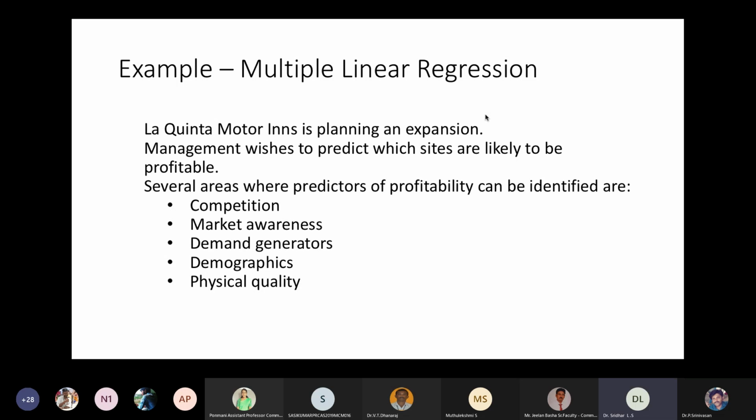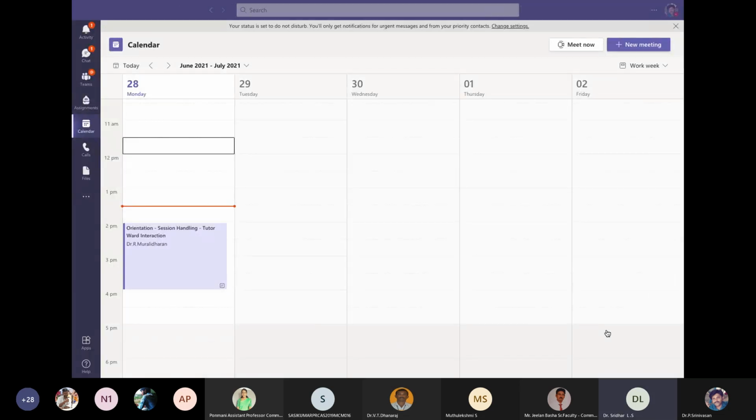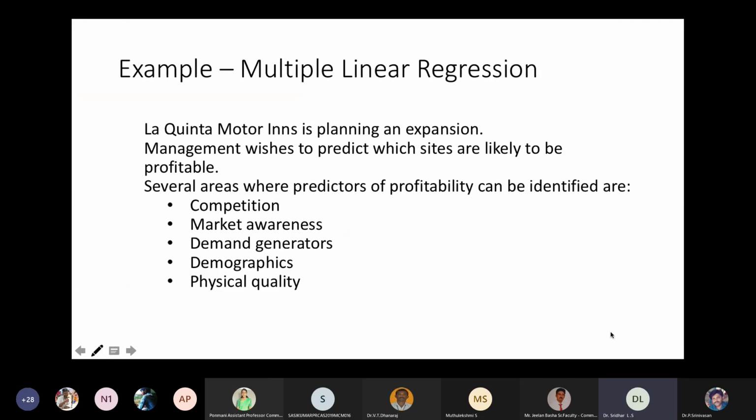You're trying to share? Nothing has come, sir. Multiple linear regression, yes, yes, sir. This is fine.